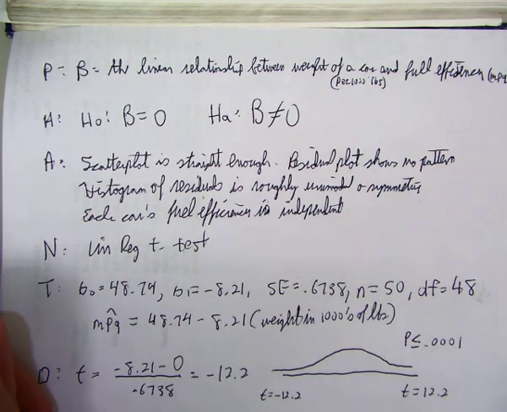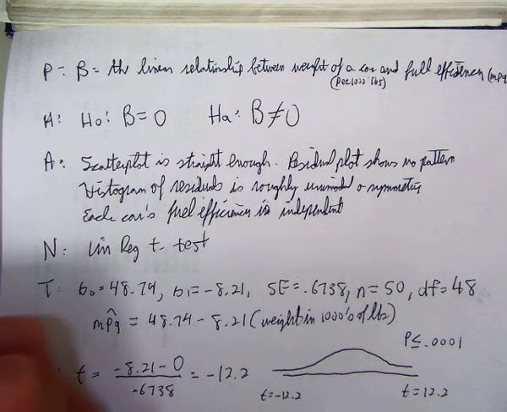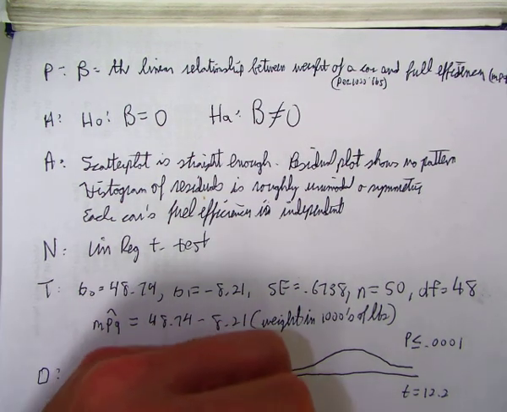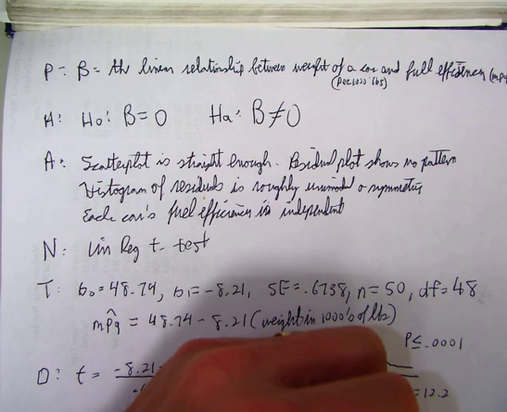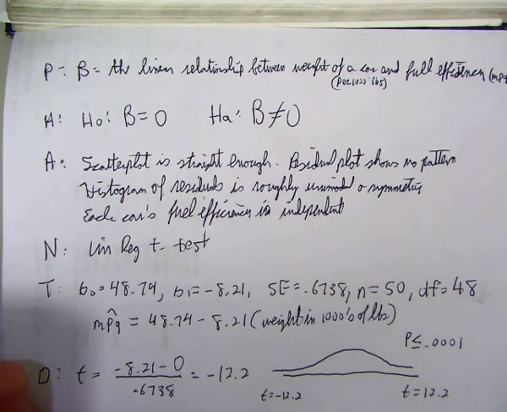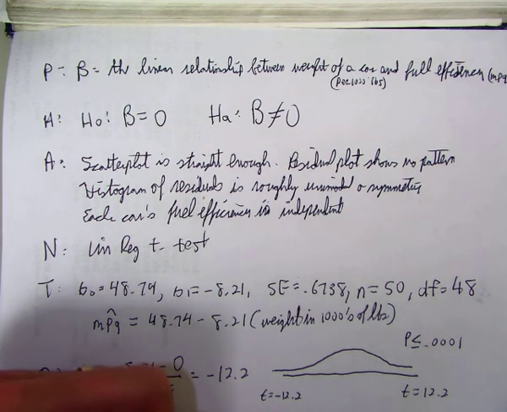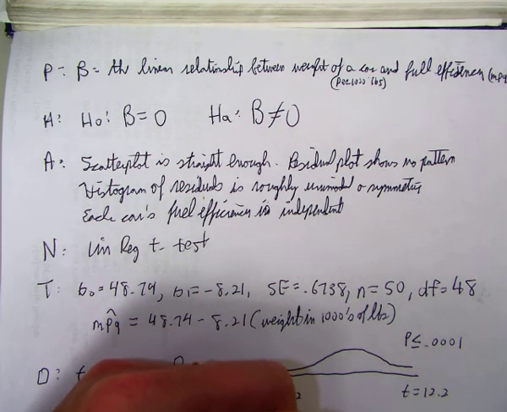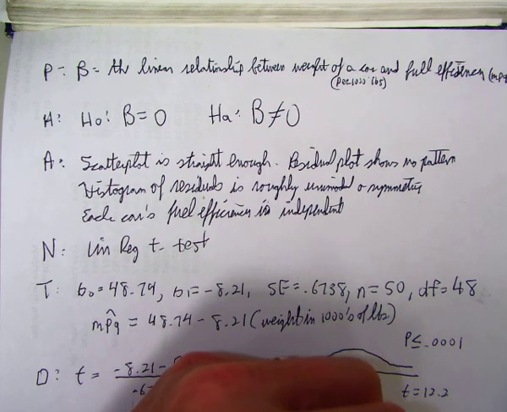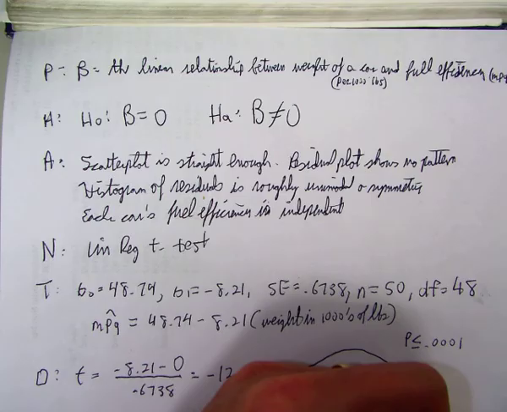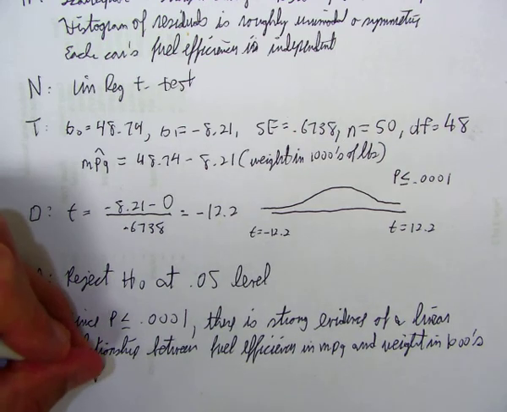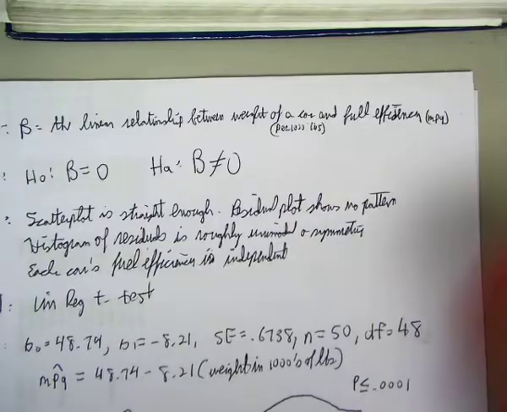And our conclusion, since P is less than 0.0001, there is strong evidence of a linear relationship between fuel efficiency in miles per gallon and weight in thousands of pounds.